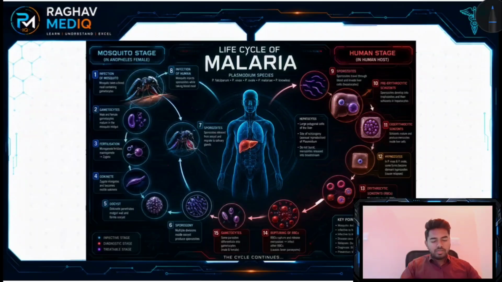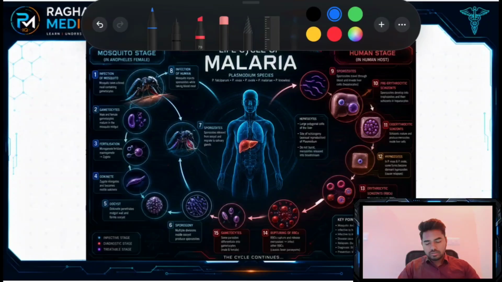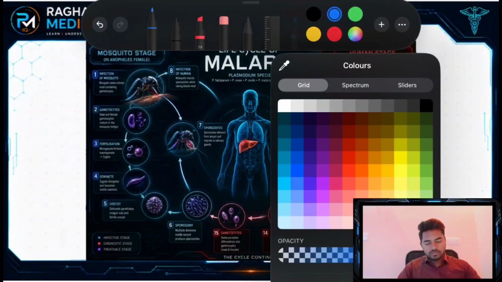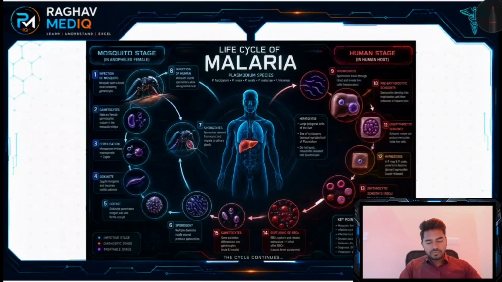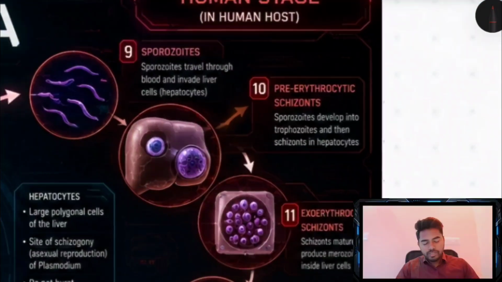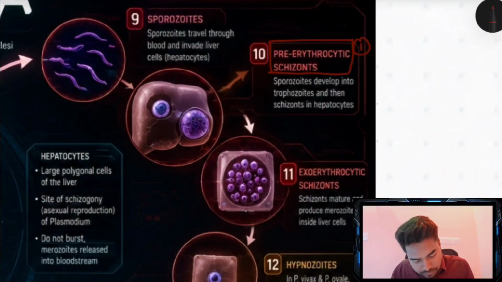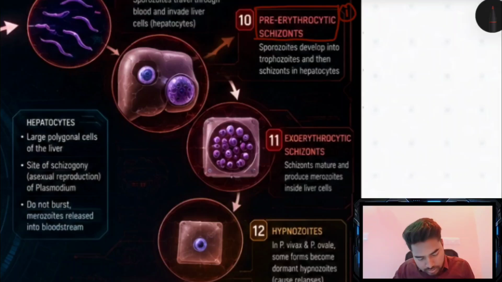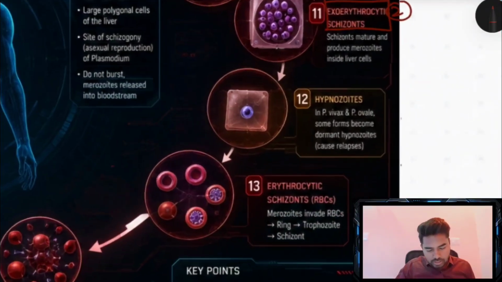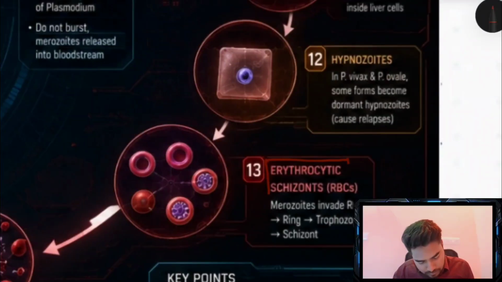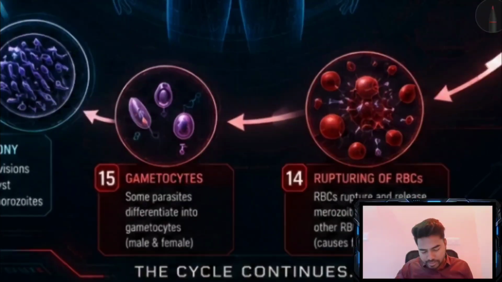First, we have drugs to kill pre-erythrocytic stage. Next is exoerythrocytic stage. Then we have drugs to kill erythrocytic stage. Then we have drugs to kill gametes.